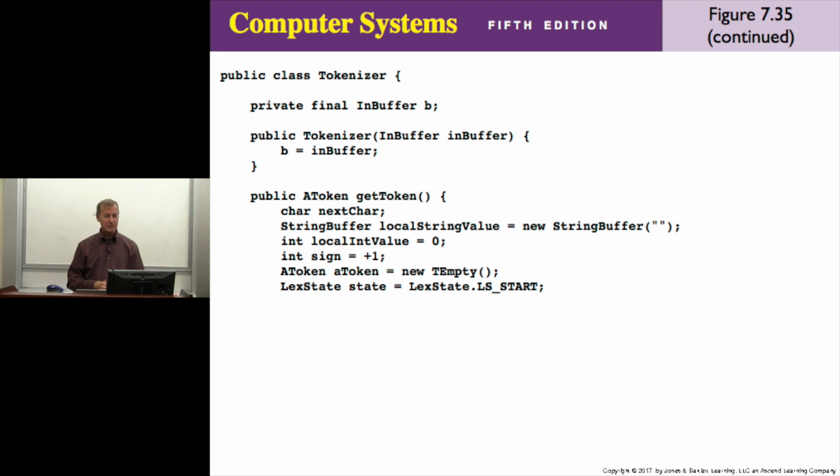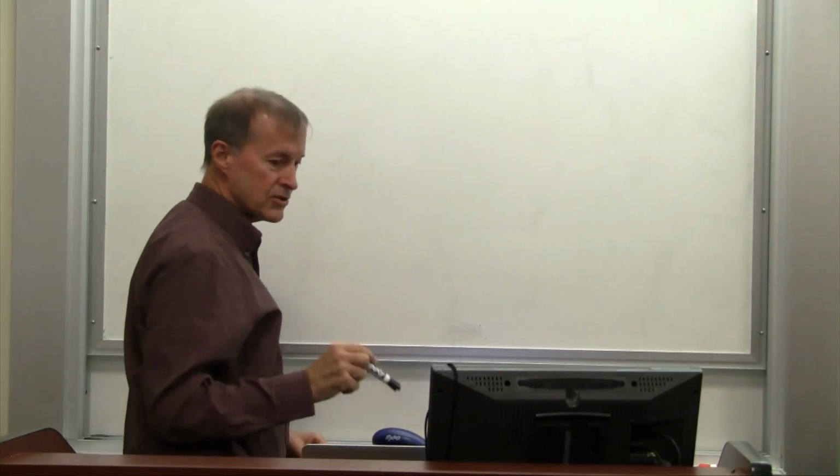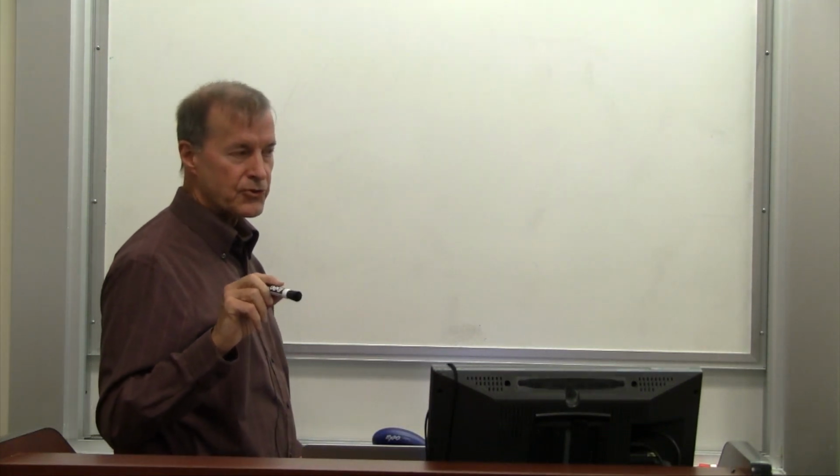So getToken is going to be called, and we're doing this a little bit bottom up, so here's what we have to imagine. We have to imagine that some program is calling getToken, and furthermore, this Tokenizer has access to the buffer. All right? To continue our code walkthrough, let's do a little trace.